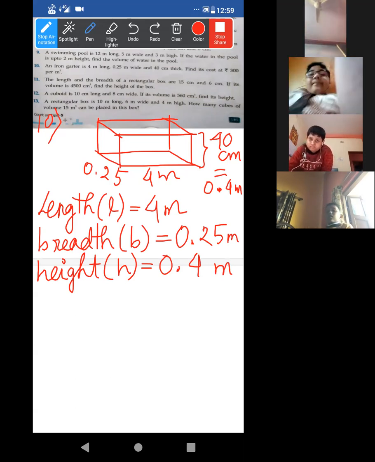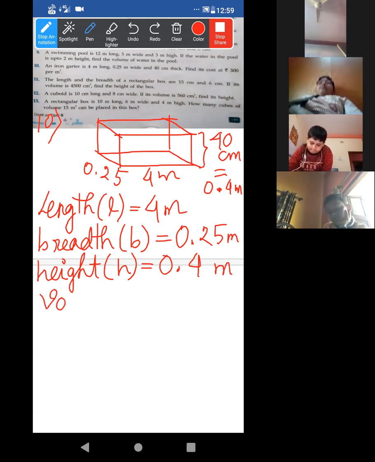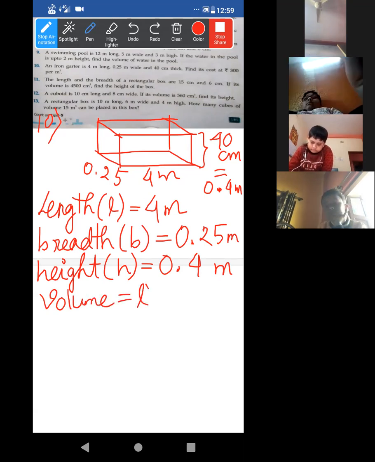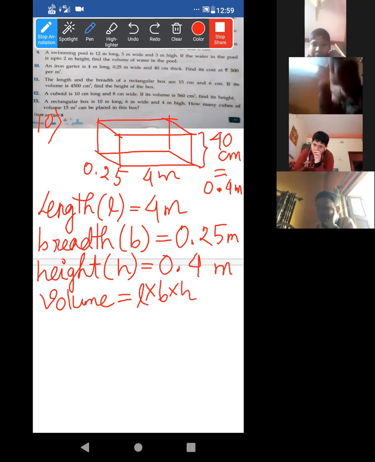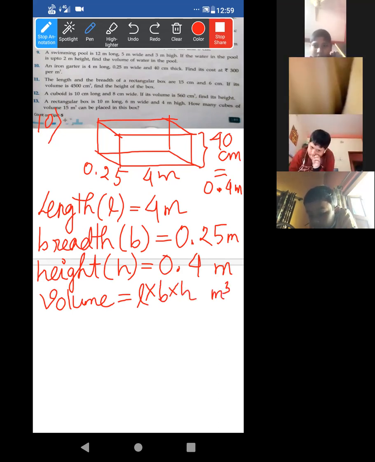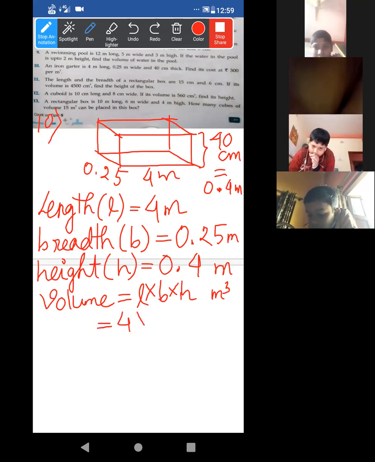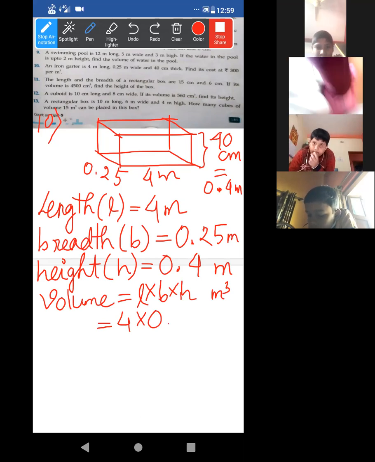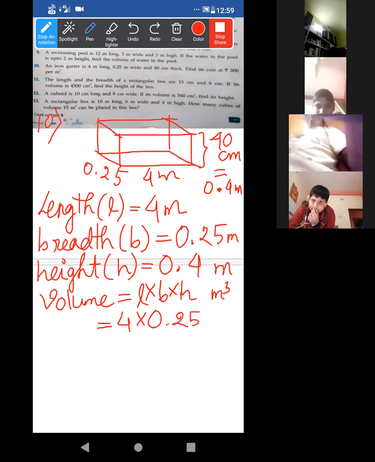You can just put L into B into H, okay? Understood or not? Yes, ma'am. Put the unit. Here is no space, that's why I'm writing over there.